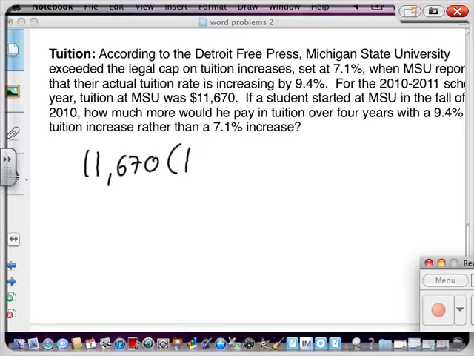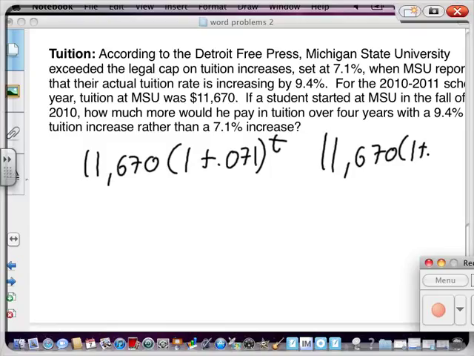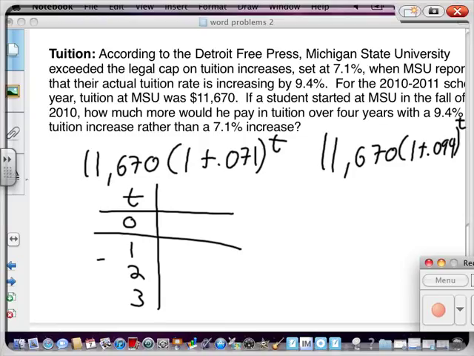The tuition rate is increasing. And we've got, that's what they said, and this is what it was actually. But we have to find it for each year and then add it up. So I'm plugging in for T, I'm plugging in 0, 1, 2, and 3 to find for 4 years.